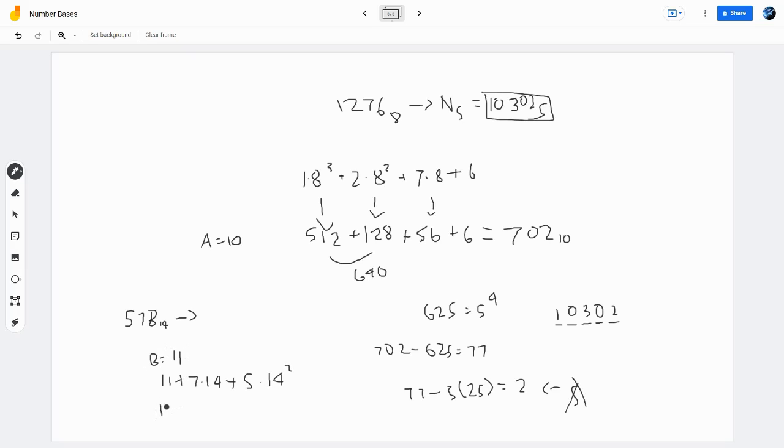So this would be 11 plus, well, 7 times 14 is really just the same as 49 times 2, right? So that's going to be 98. And 14 squared is 196. And again, we can use that trick I taught you before, right? This is just equal to 200 minus 4.